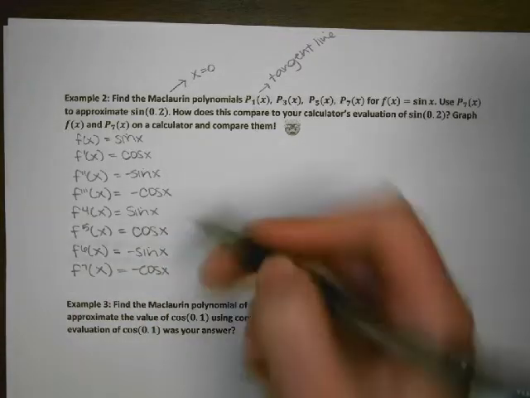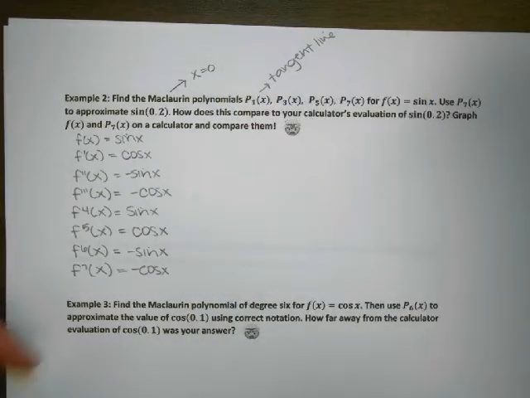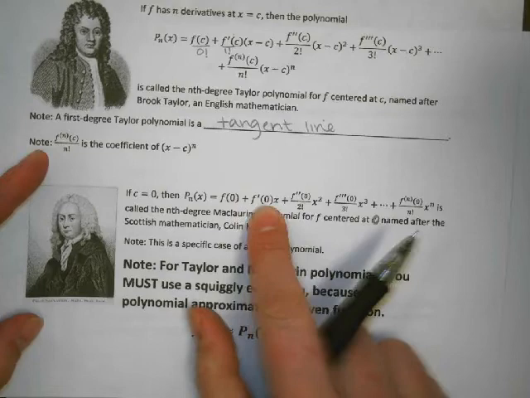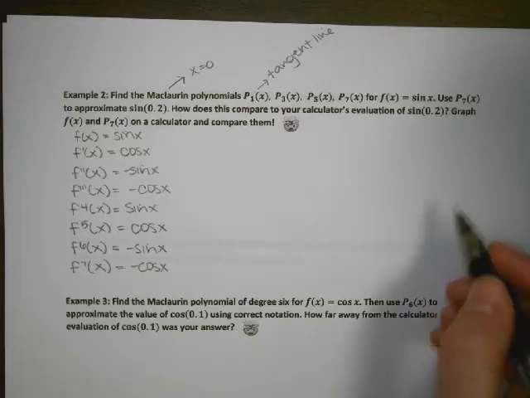Okay, so then what we need to do is find all of those evaluated at 0, because it says f of 0, f prime of 0, f double prime of 0, f triple prime of 0. That's what we're using.